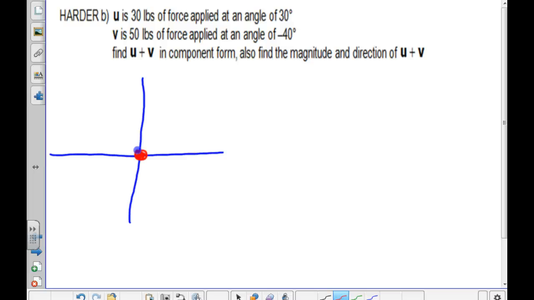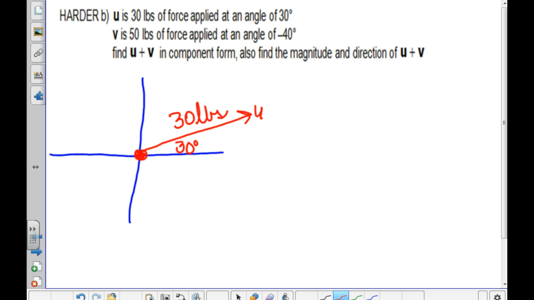If we're sitting on this scooter and we pull, it says 30 pounds of force at an angle of 30 degrees, so we just have to be careful which is which. Off the x-axis, we're going to pull 30 degrees above the x-axis with 30 pounds of force. And that's vector u.